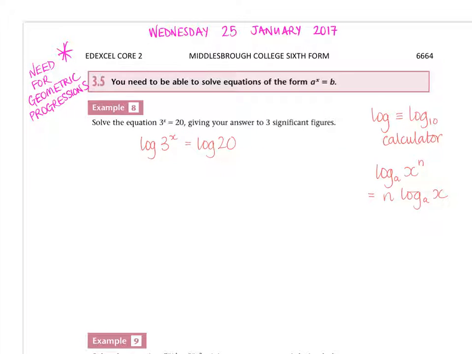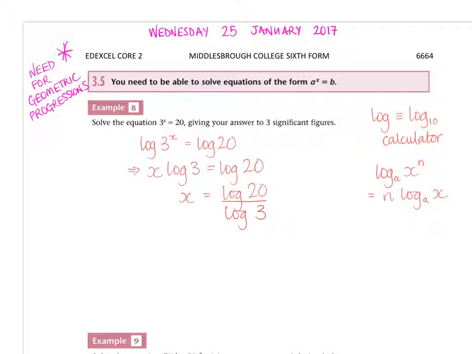So if I apply that to this one on the left hand side, I'm going to get x by itself, and I'm going to get an easy equation that I can solve, yeah? So applying that law, we get x log 3 is equal to log 20. So I can find out x by just taking log 20 divided by log 3.